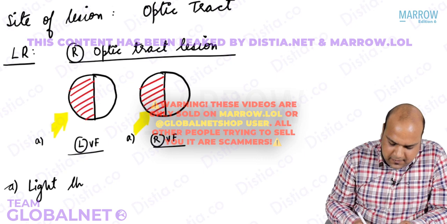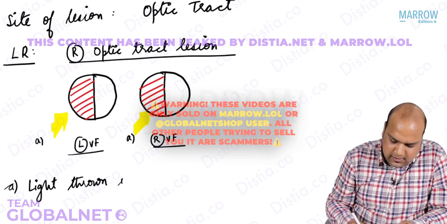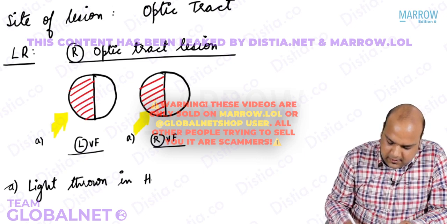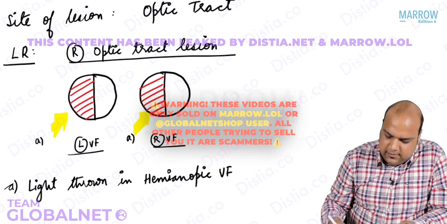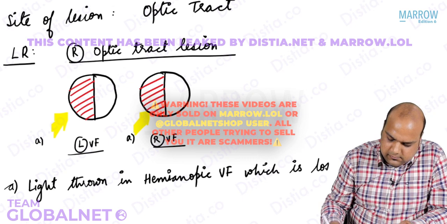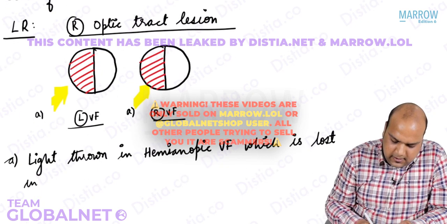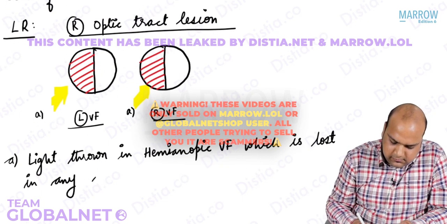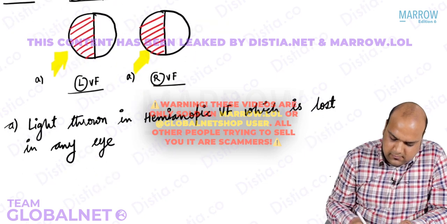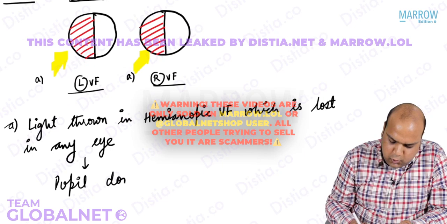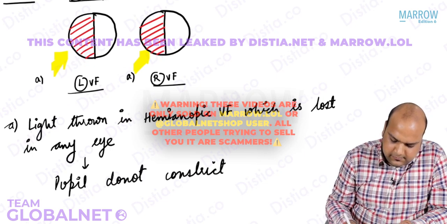So point A, light thrown in hemianopic visual field which is lost in any eye, pupil do not constrict.